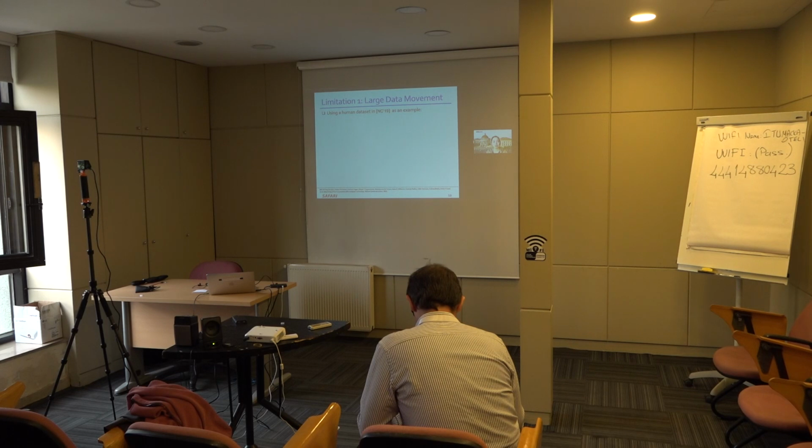Among all of these steps and operations inside steps, we observe 2 main limitations. The first one is the large data movement. We use the human data set as an example.